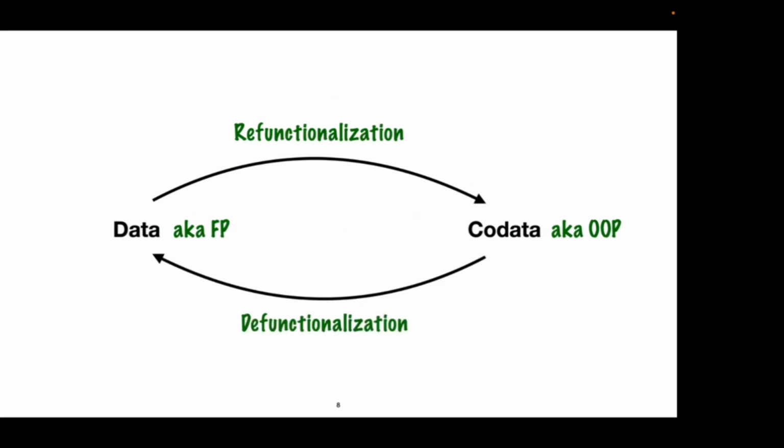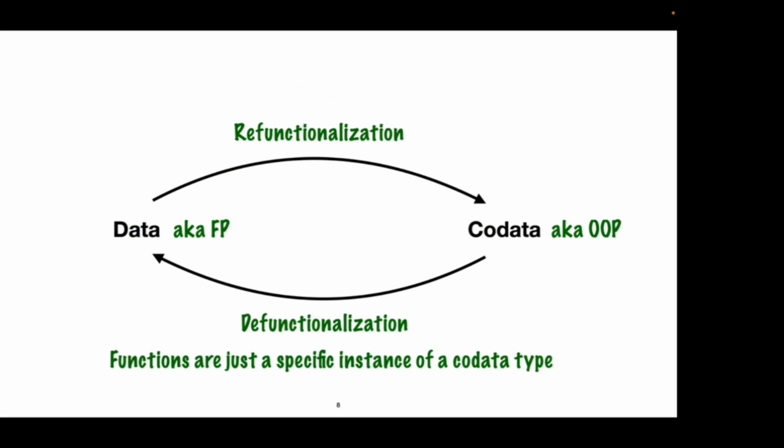And in the other direction, we can take any codata type and transform it into a data type using defunctionalization. This might look a bit surprising because if you've seen defunctionalization in the past, you probably have seen it applied to the function type. But the function type is just a specific instance of a codata type with one observation.